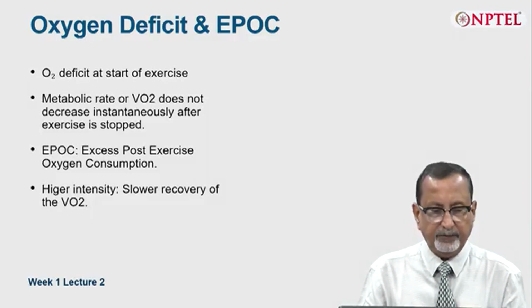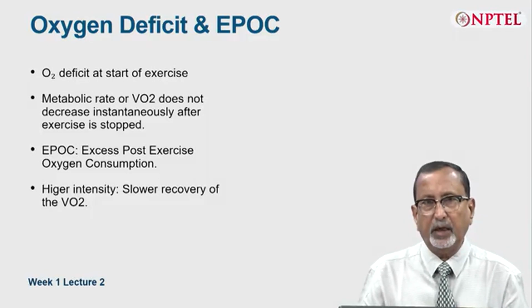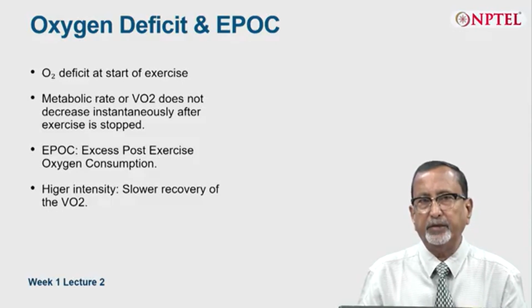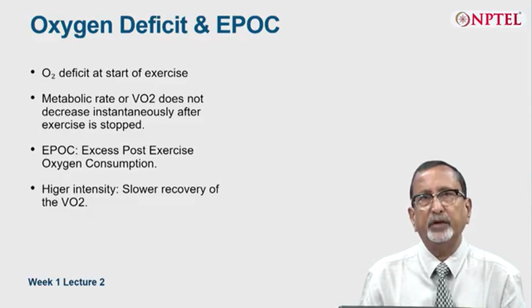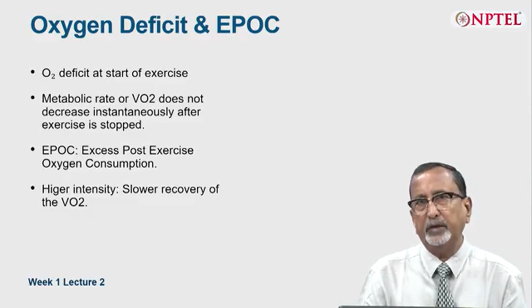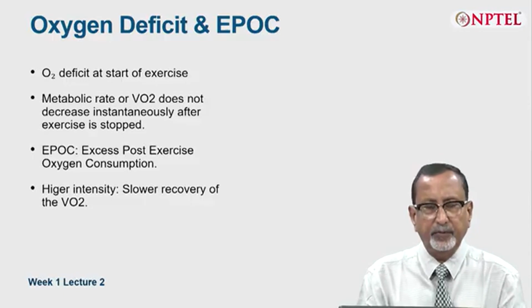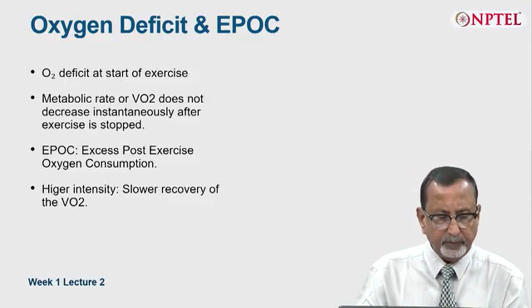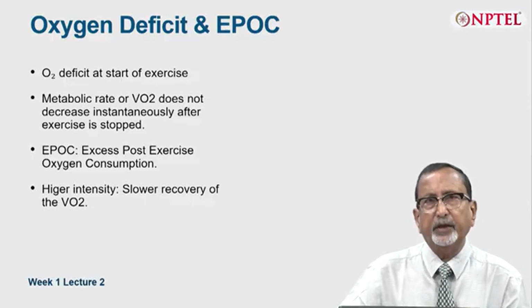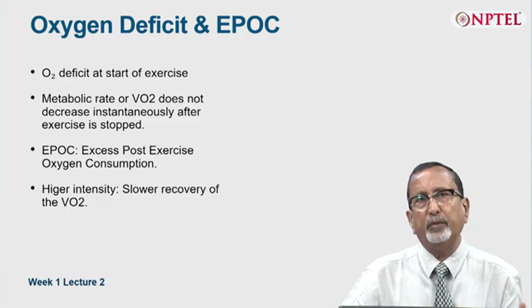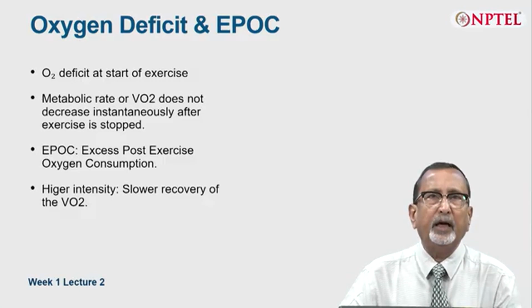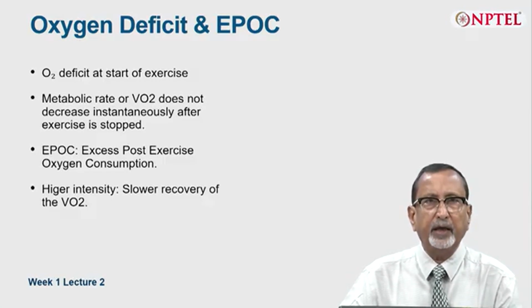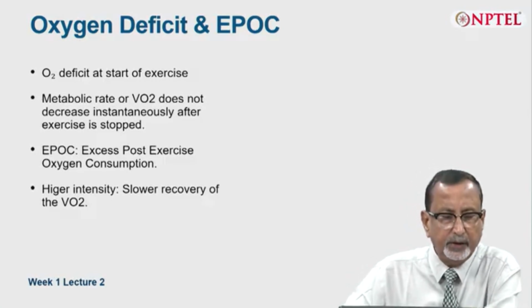So definitely once you start working at a higher intensity, your system needs more oxygen, therefore your oxygen uptake will be facilitated. As the intensity is more, you require more oxygen to be breathed in and supplied to the muscle to satisfy the metabolic demand of the muscle.